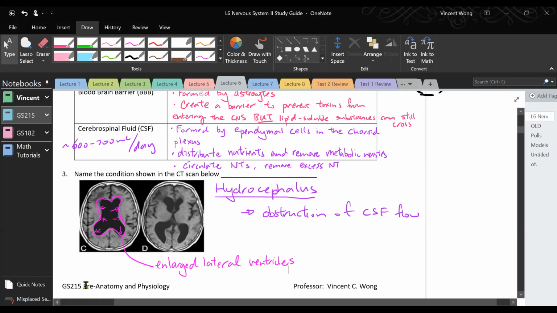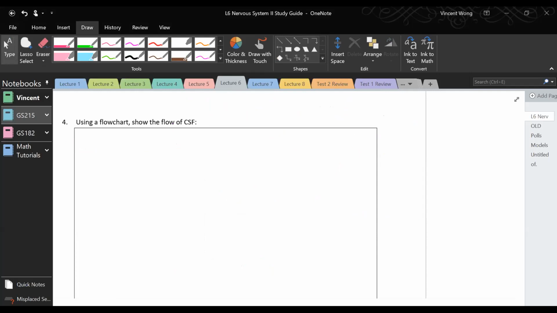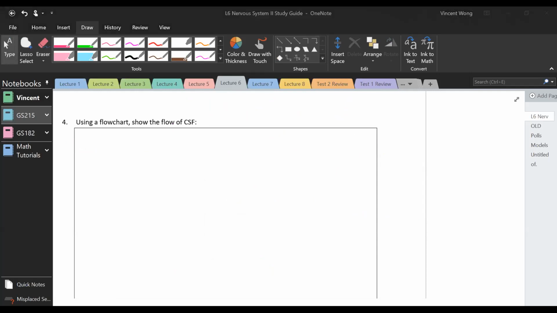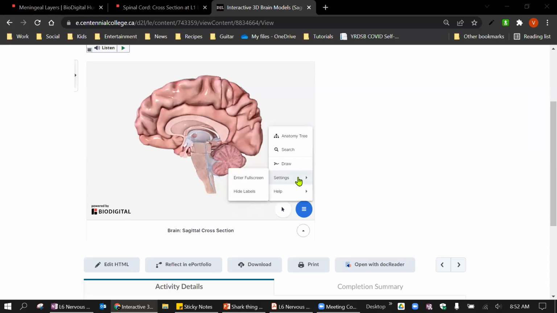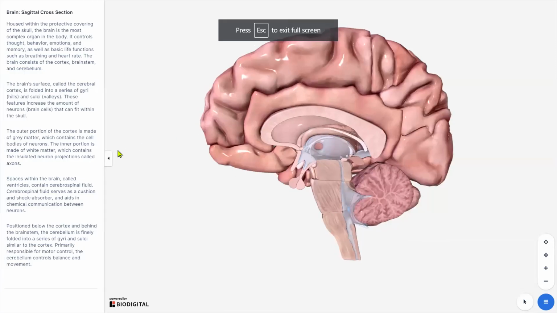All right, next we are going to talk about the flow of CSF, but let's quickly review the brain anatomy first, so that you will know what I'm talking about. Let me see if I can make this full screen. There we go.